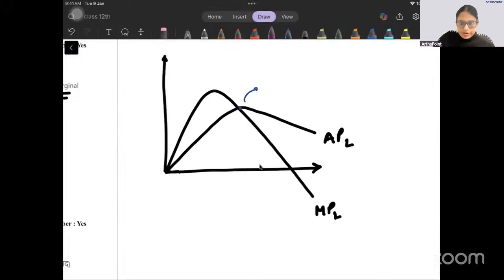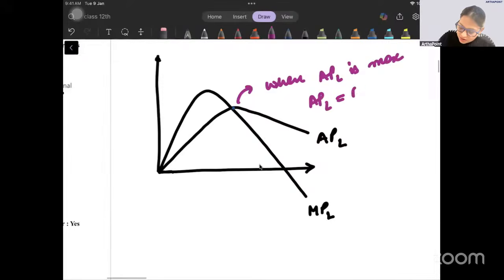This is a general relationship. When my average product of labor is maximum, average product of labor and marginal product of labor become equal to each other.